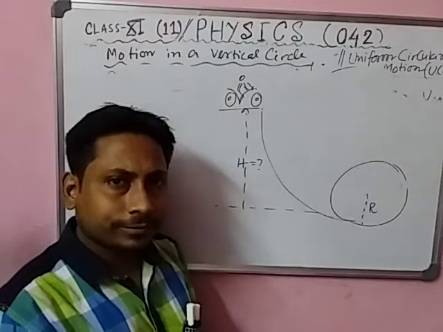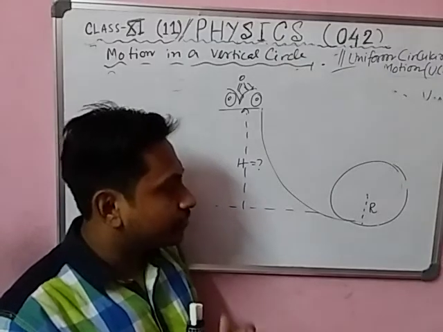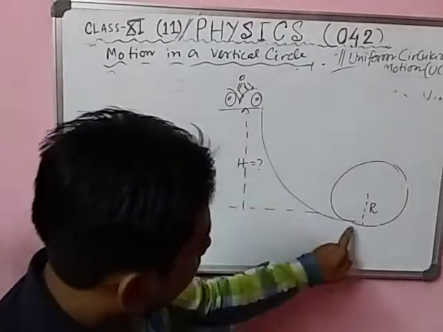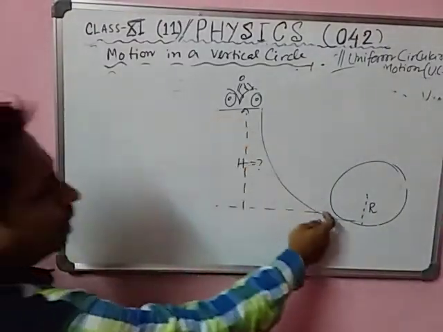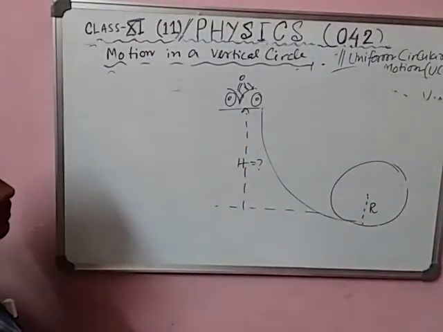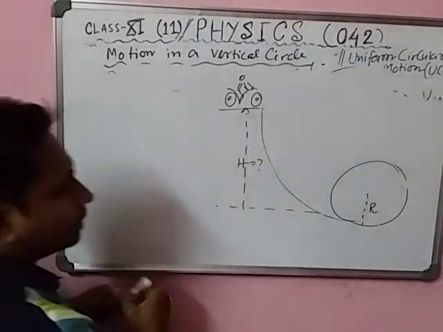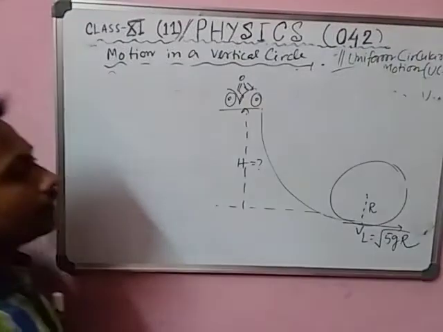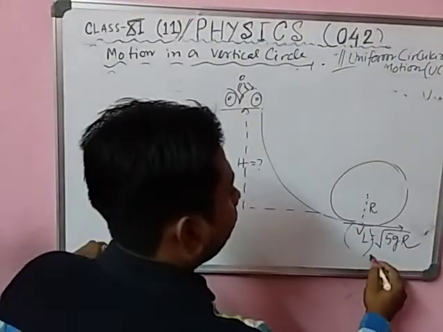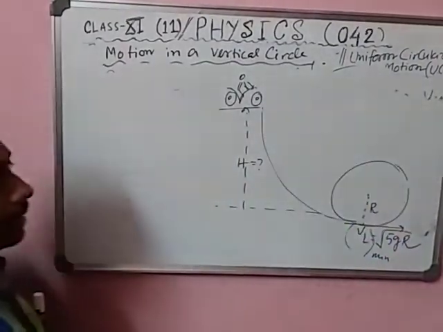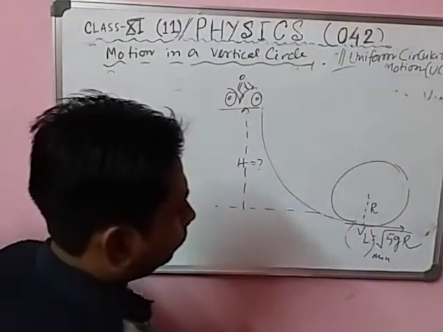You try it. Pause the video and try it. See, students, to travel in a circular path, what do you need? You need a minimum velocity VL, which must be root over 5gr. Am I right? The minimum velocity is root over 5gr if the radius is r.